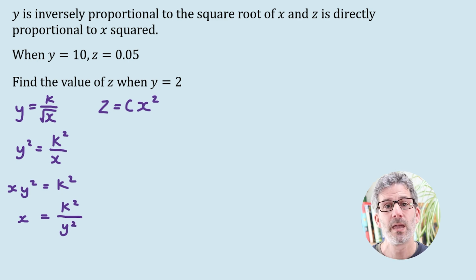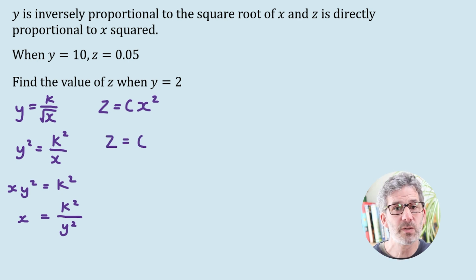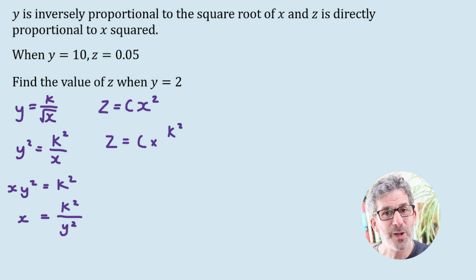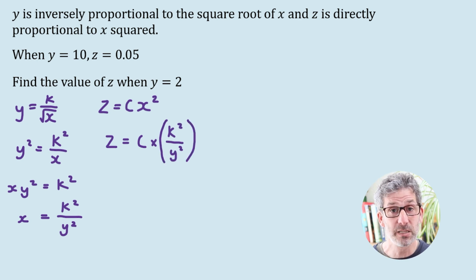By substituting that into Z equals CX squared, I'm going to end up with a formula that links Z and Y. So Z is equal to C multiplied by X squared. Let's substitute in the K squared over Y squared for X. That becomes C multiplied by K squared over Y squared. But then I need to square that because the X that we're replacing was being squared.